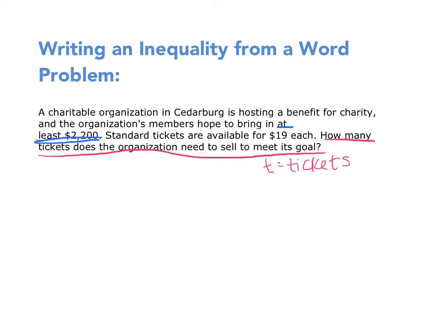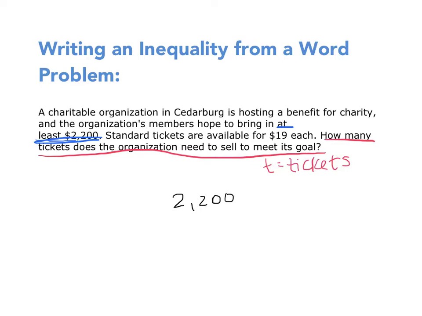So that's my unknown, and I'm going to label T as tickets. Now I already know that my limit with the at least is $2,200, so I'm going to write that right here. And if I want to be at least $2,200, that means I can be $2,200 and that's going to be successful, or I could be more than.